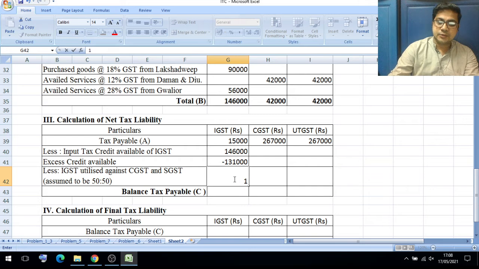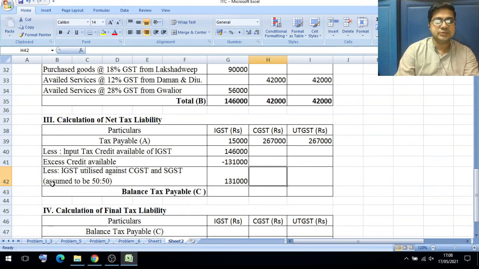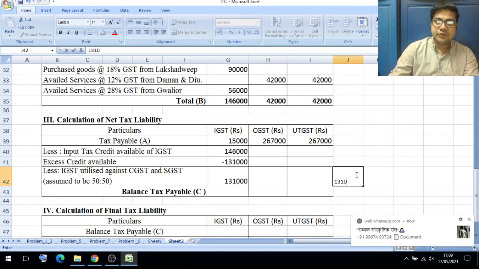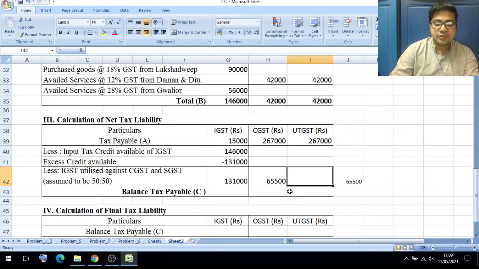So 1,31,000 we have to use against the CGST and SGST, and we have to assume it is divided equally. It means 1,31,000 divided by 2. It means to CGST we have to give this excess credit available value 65,500, and to UTGST also we have to give an equal proportion, 65,500.